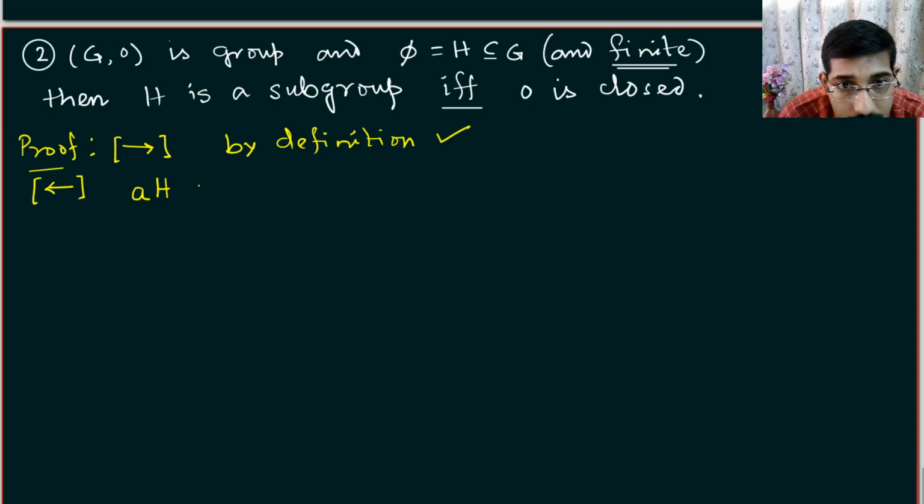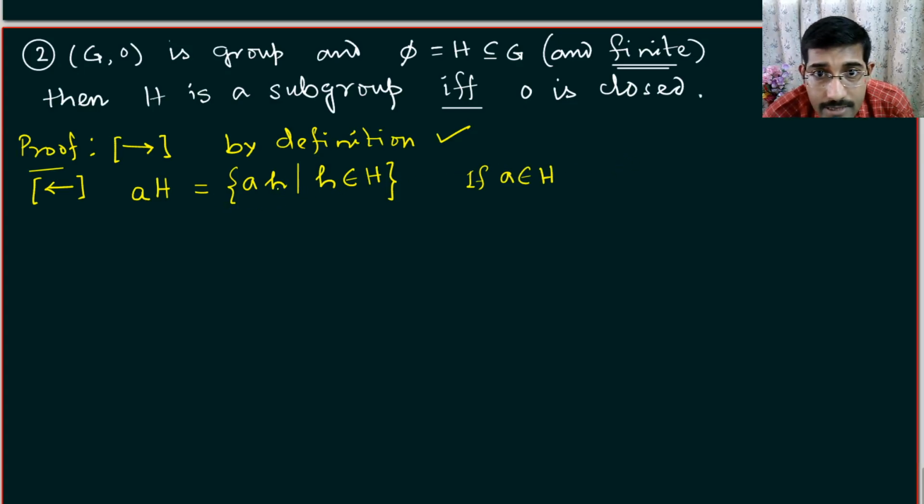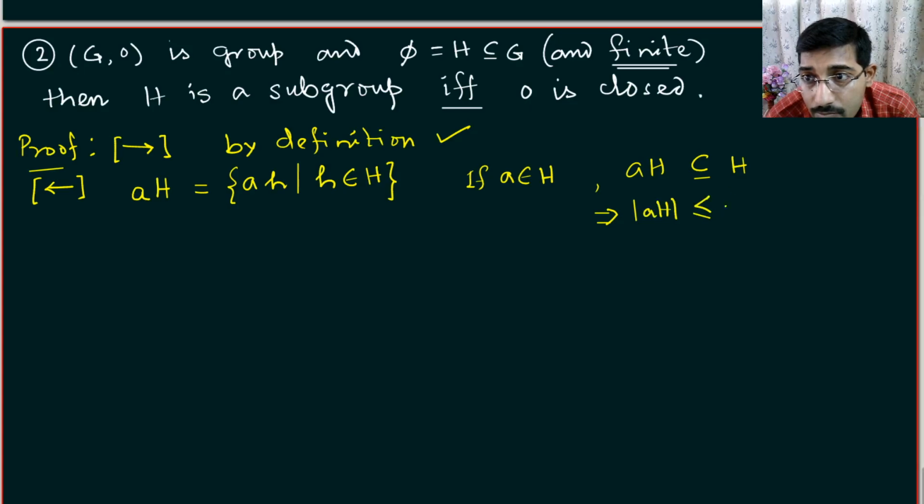This set aH is the set of all elements of the form ah such that h belongs to H. Since a belongs to H, then obviously for every h I have taken, this set must be a subset of H. So it implies that the number of elements, the cardinality of aH, must be less than or equal to that of H. But can it be less?